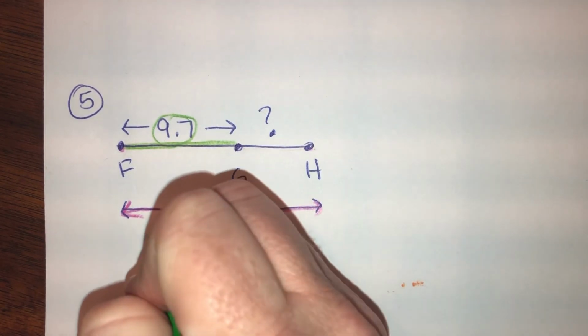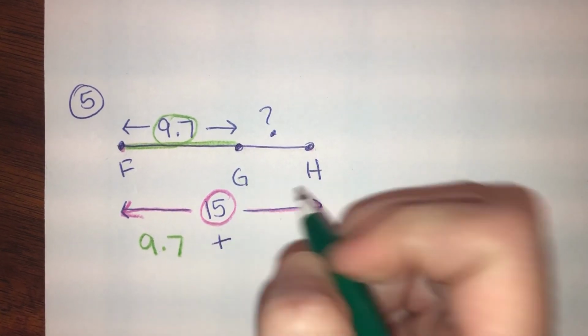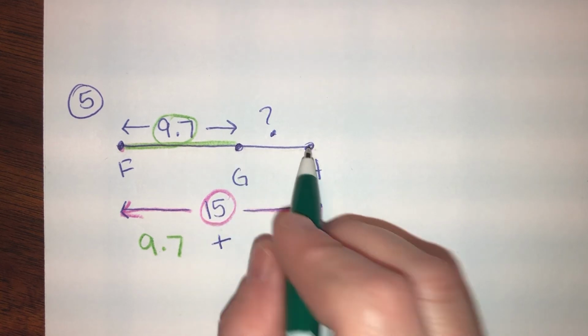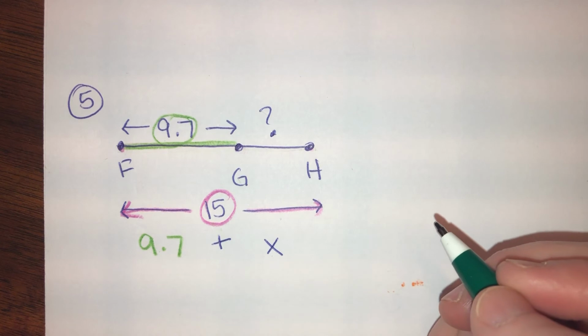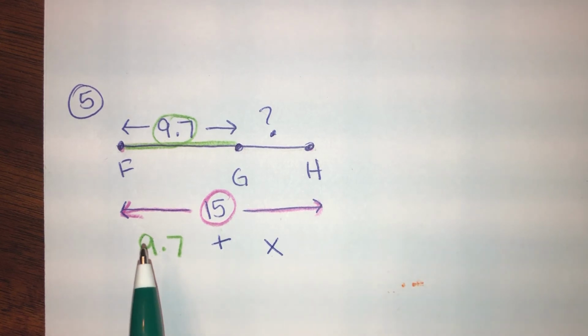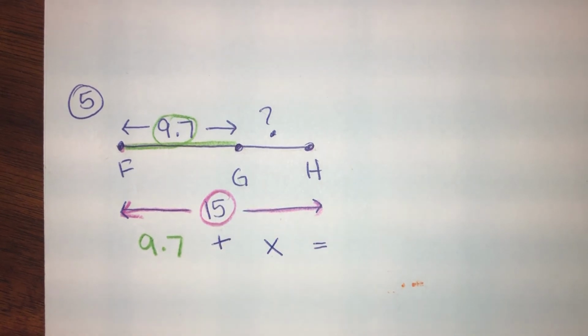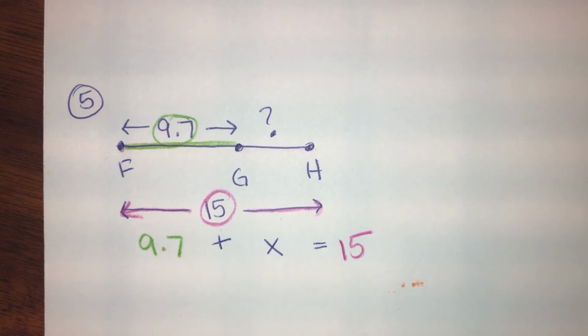So I'm going to add the first smaller segment plus whatever the length of this segment is. I don't know what it is, so I'm just going to use the letter X. In math, we always use X when we don't know what a number is supposed to be. But I know together the two are going to add up to 15, because that's the total length all the way across. So now this is just algebra.